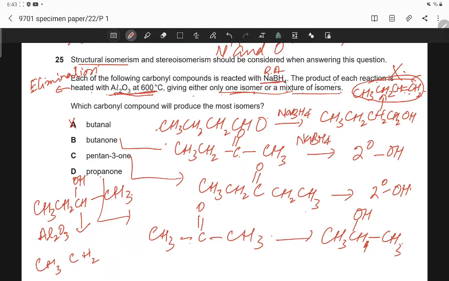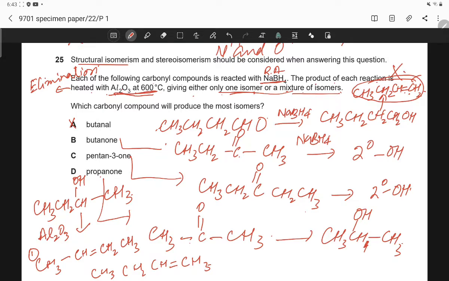One is CH3, CH double bond, and CH2 and CH3. This is one compound. This is another possibility, CH3, CH2, CH double bond, CH3.